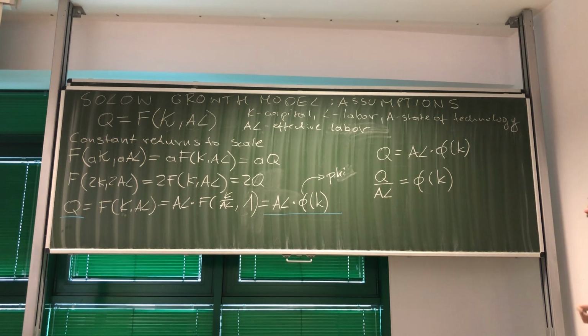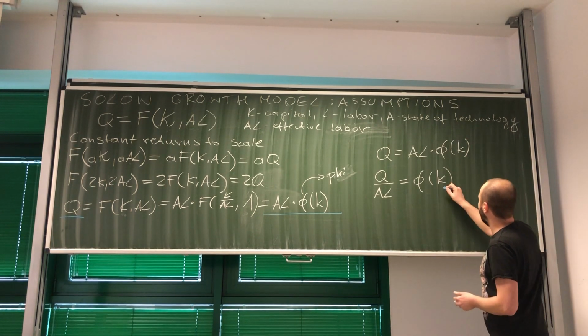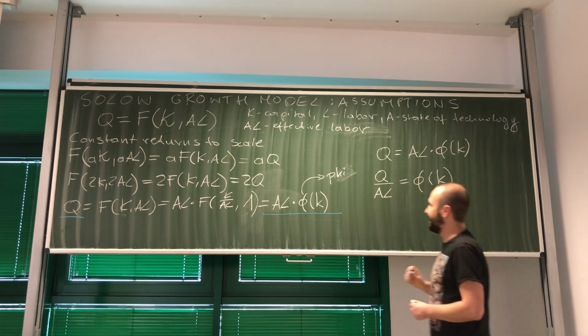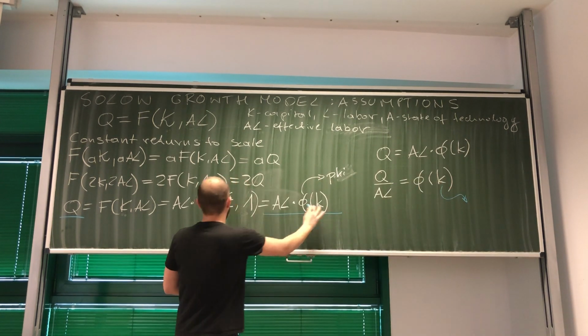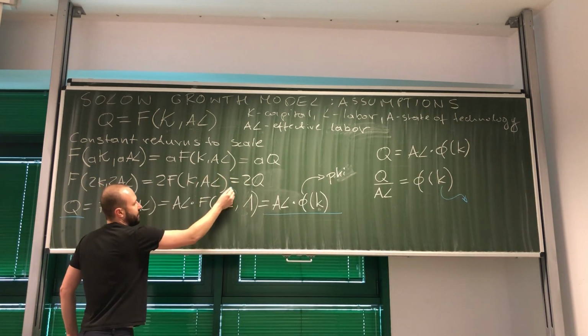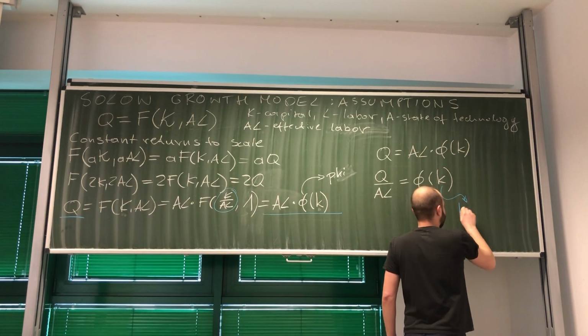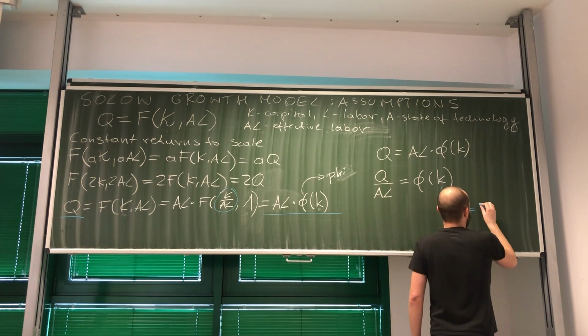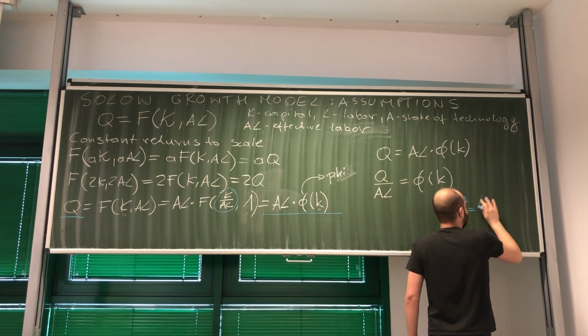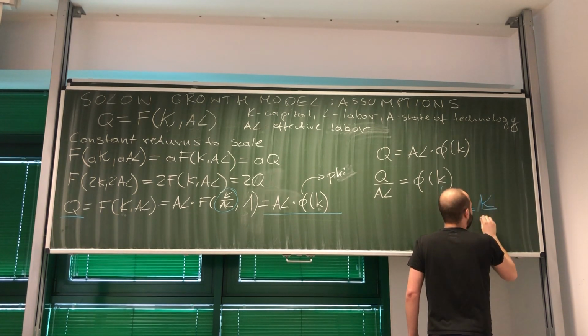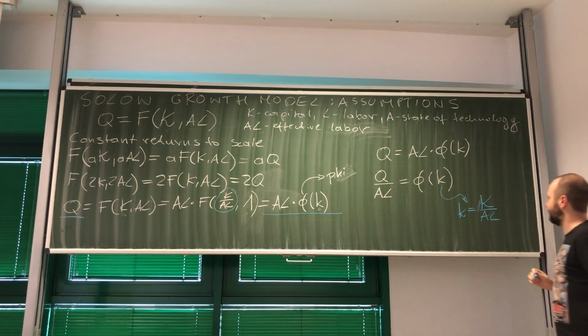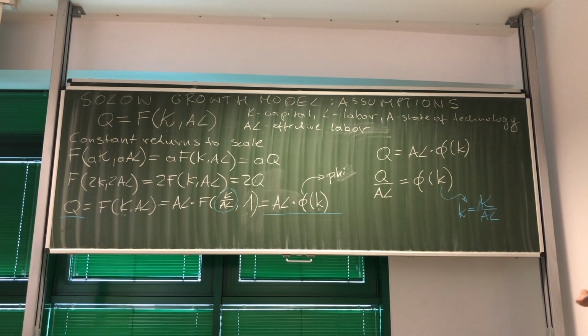So what do we have over here? Maybe let's start with k. Look, lowercase k, the one you see over here, comes simply from that. So lowercase k is this capital K divided by AL. So what do we have here?